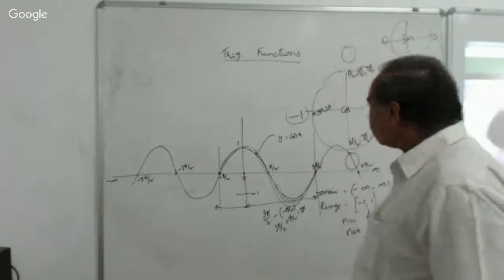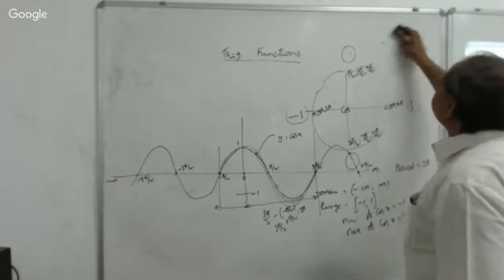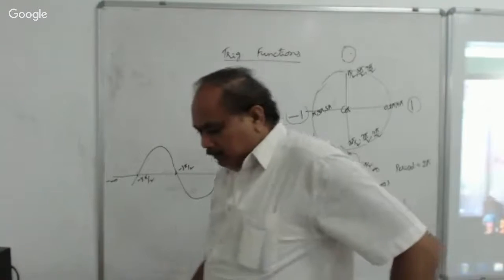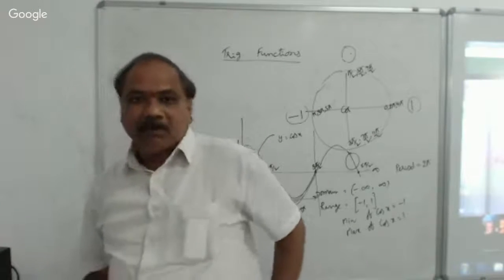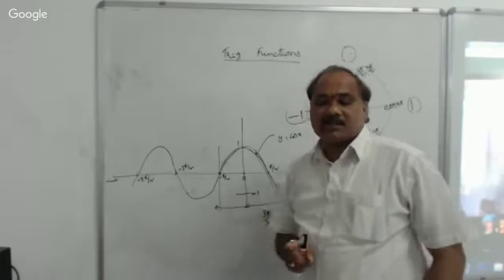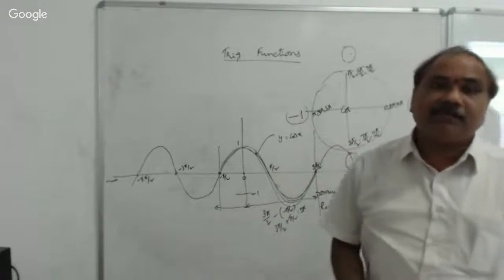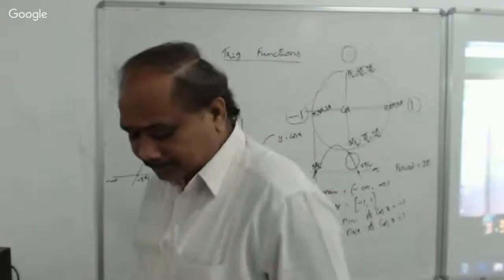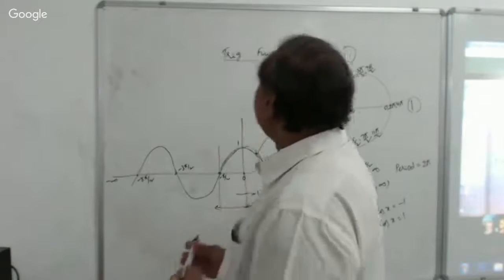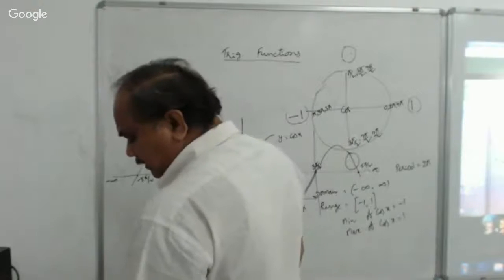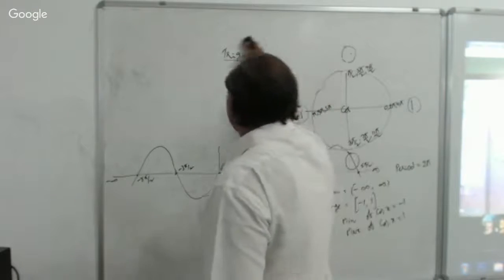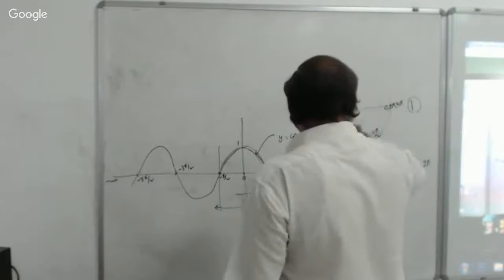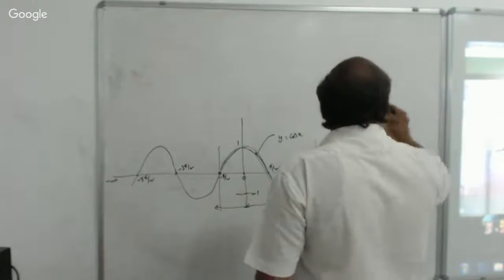Is it over? Yes. Remember one thing: the minimum value of sin x and cos x is -1 and the maximum value of both sin x and cos x is +1. Now I am giving the previous MSET question 5, which was based on this knowledge of the sin x and cos x graphs.